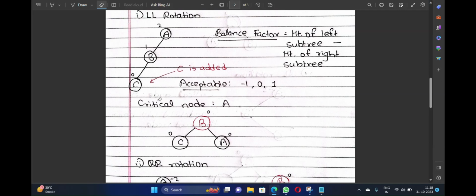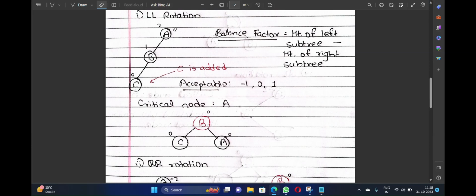You don't have any subtree, right or left, so it has balance factor 0. Looking at B, we have one left subtree, that is C. We can find the balance factor like this. Here height of left subtree is 1, and you don't have any right subtree, so height of right subtree is 0. So balance factor will become 1 minus 0, which is 1.